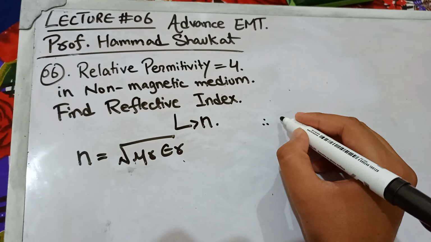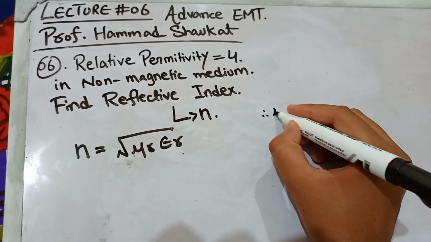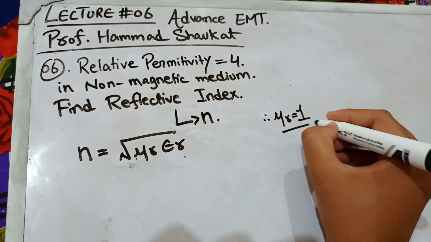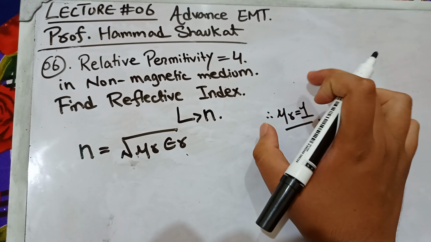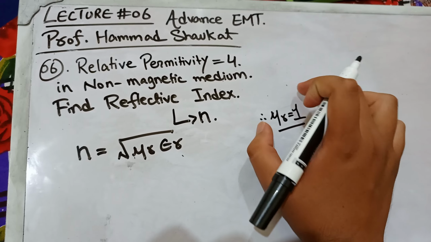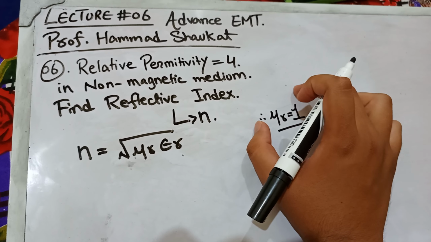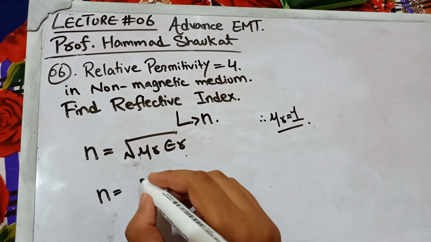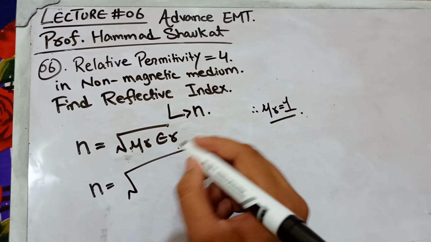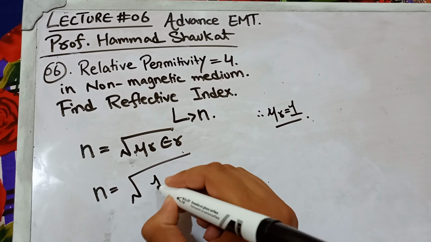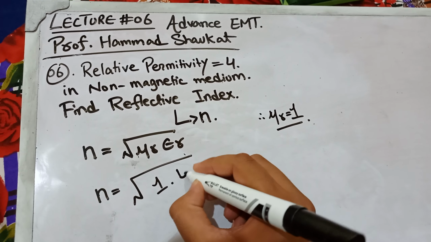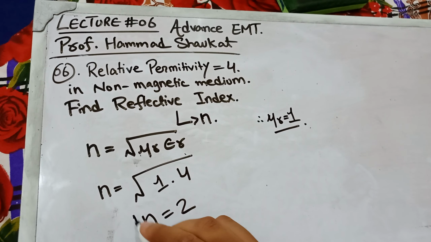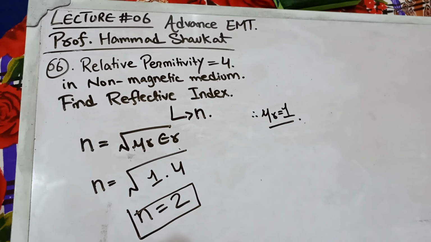For non-magnetic materials, your mu r, relative permeability, is always equal to 1, as we already showed in our previous lecture. Whereas epsilon r is given as 4. So the square root of 4 becomes 2. So your value is basically 2.